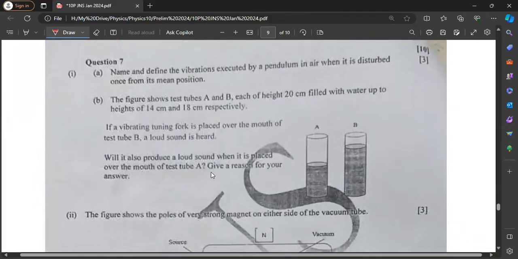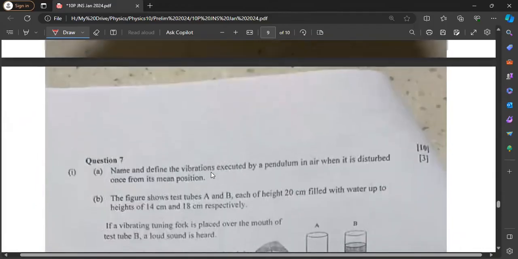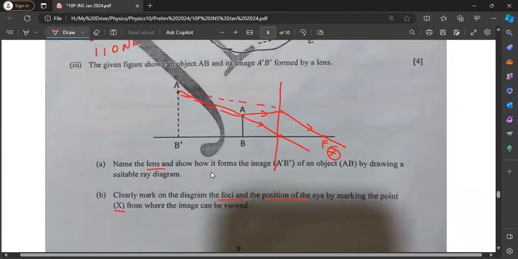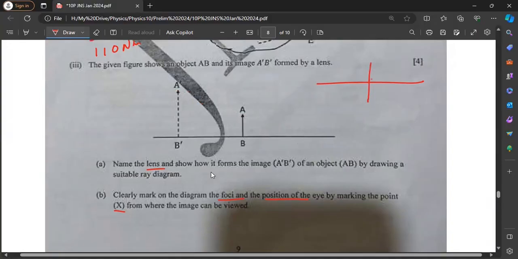Question 7. I didn't understand the second part on which they said to mark the focus as X. Yeah. So over here now, see, if nothing is given to you, how do you make a diagram in the first place? So this is a lens, this is focus, and this is also focus. So you place an object, okay? So first you know this is focus and this goes through the focus. You know the second goes through the lens. So when you bring this back, then this is where the image is formed.